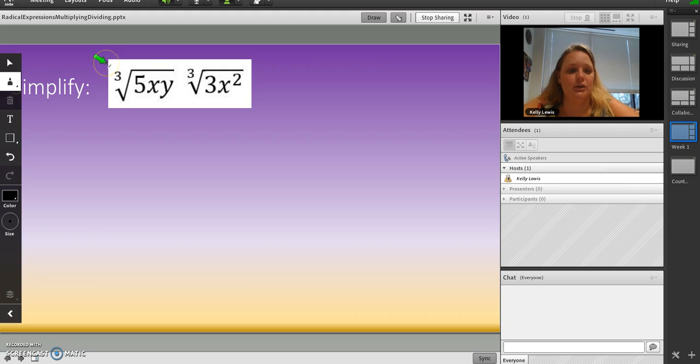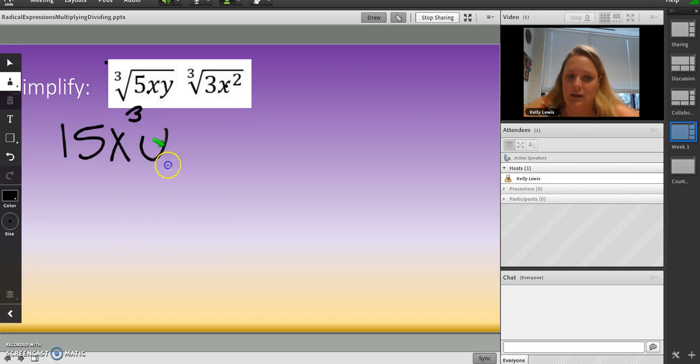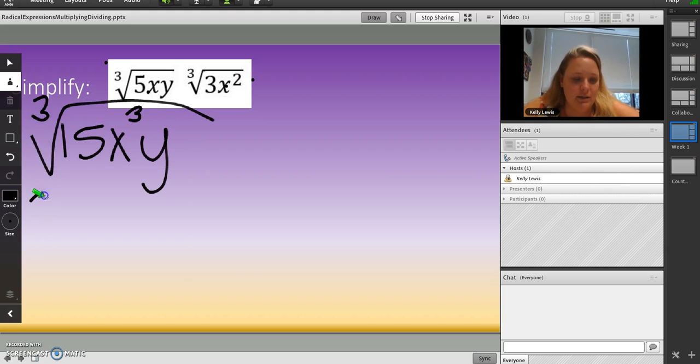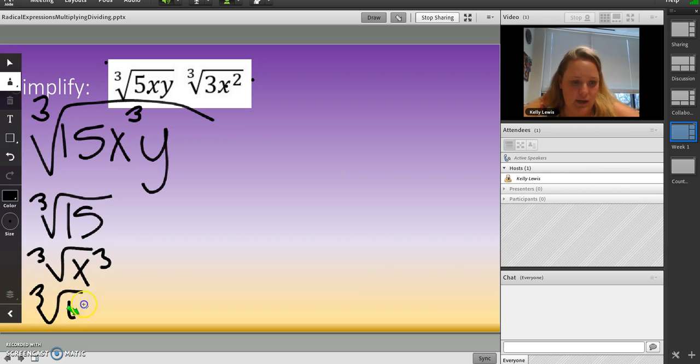All right, both of these are cube roots, so 15 times 5 times 3 is 15, and then x times x squared is really x cubed, and then there's no y over here, so y will stay. So the cubed root of 15, the cubed root of x cubed, the cubed root of y.